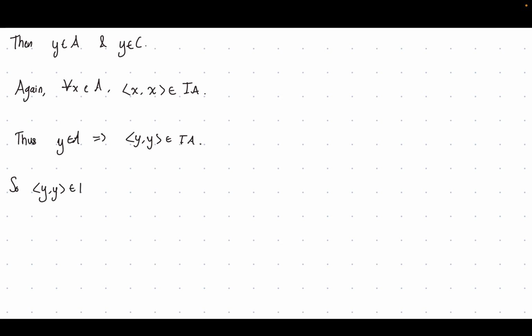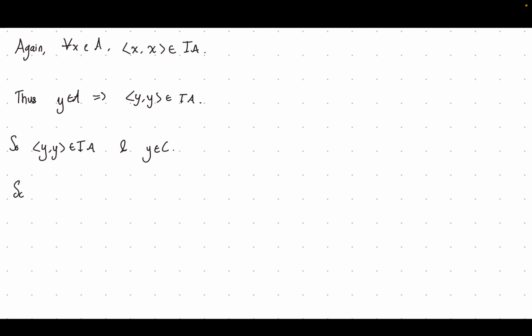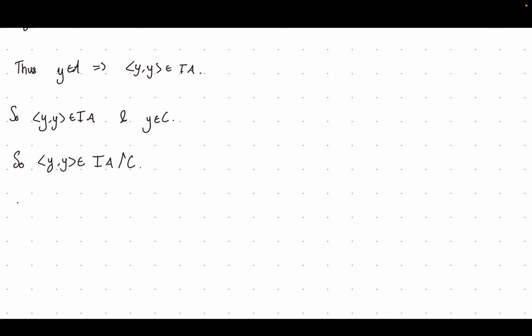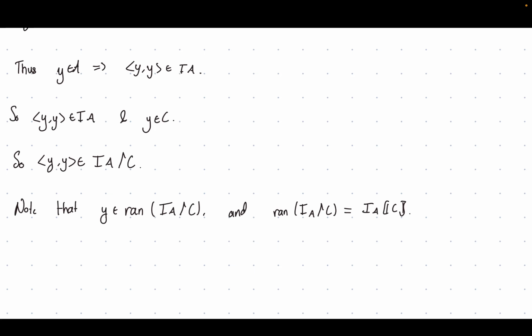So y is in IA and y is in C. So y must be in the image of A. Or rather, another way we can do this is show that y is in the image of IA restricted to C. Note that the range of IA restricted to C is actually equal to the set we wanted in the first place, right?